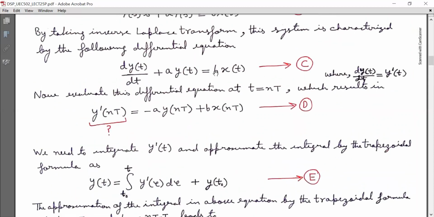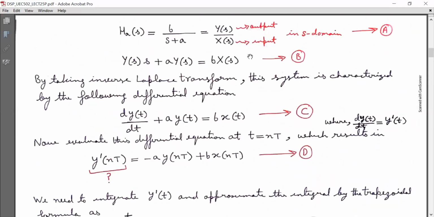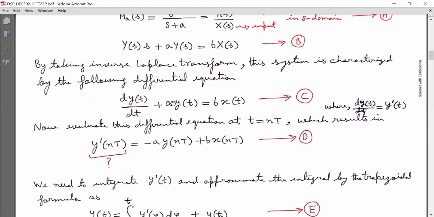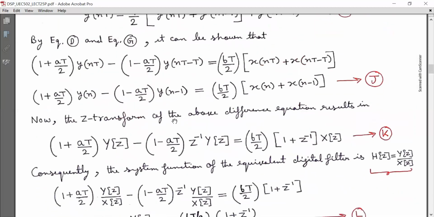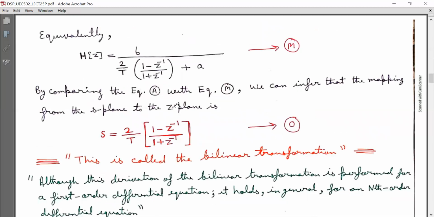Let's move to equation A. That is the system function of an analog filter H(s) equal to b by (s plus a). So comparing equation A with equation M, we can infer that the mapping from the S plane to the Z plane is possible if s is equal to 2 by T bracket (1 minus z inverse) divided by (1 plus z inverse), marked as equation O. So it is just comparing H(s) with H(z).